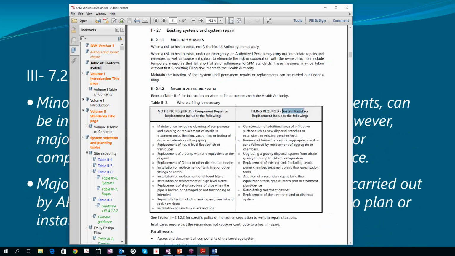System repair, a maintenance provider cannot do unless the maintenance provider is also an installer, and those do require a filing. So now you also need a planner or a professional. To put it a different way, if you're a maintenance provider, installer, and planner, you can do all those things. If you're just a maintenance provider, then you can do those things and that's it.